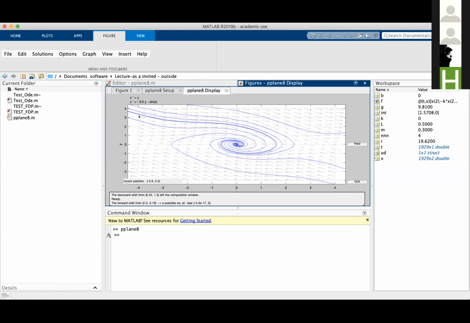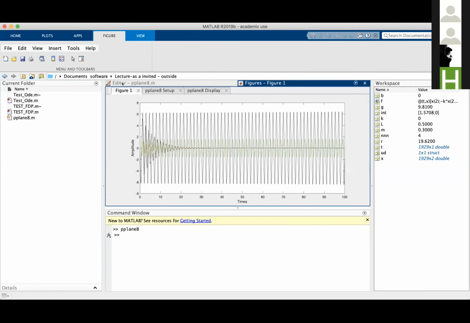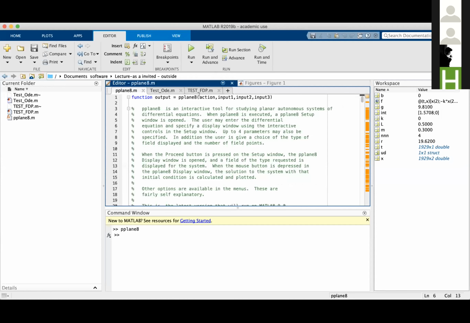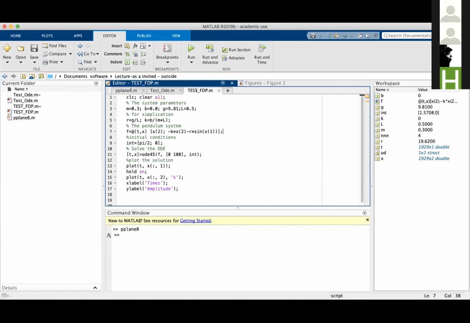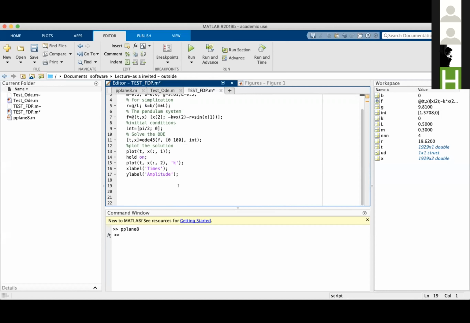So here, let me go back to the coding part. I'll see for the vertically up position how the response looks.